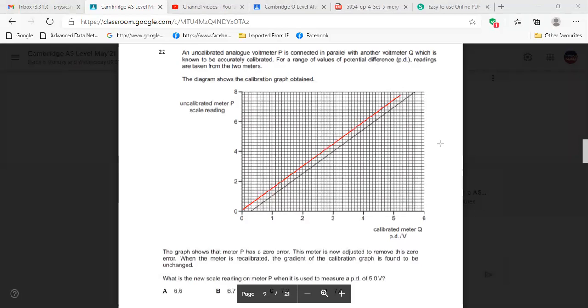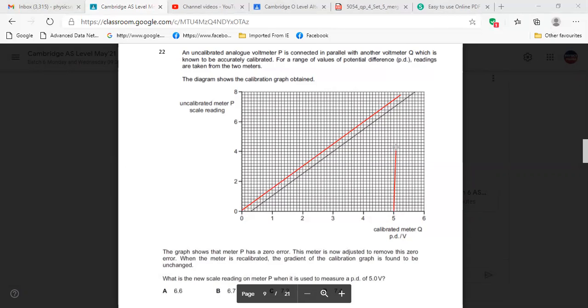Okay, now they are saying, what is the new scale reading on meter P when it is used to measure a potential difference of 5 volts. So our potential difference 5 volt is here, and we will continue from here.